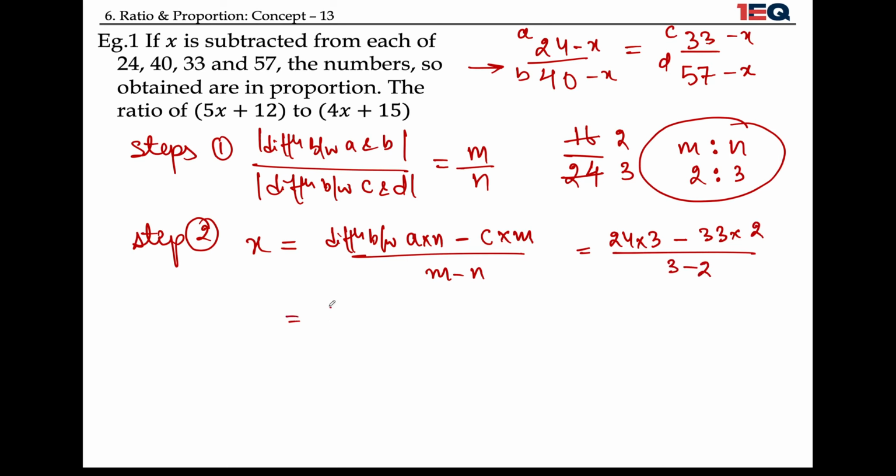This brings me to 72 minus 66 whole upon 1, which is equal to 6 upon 1.